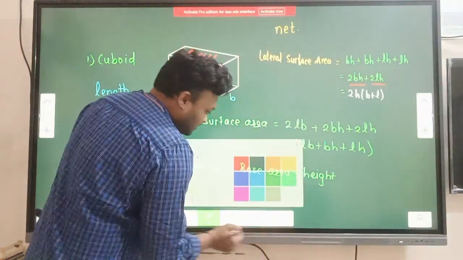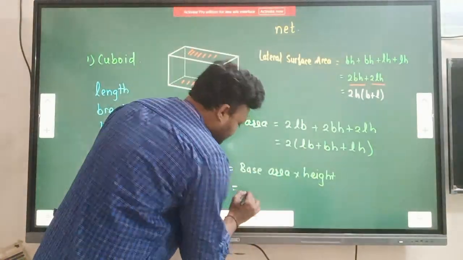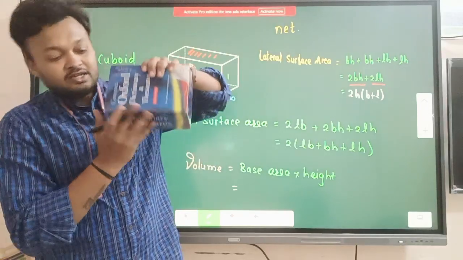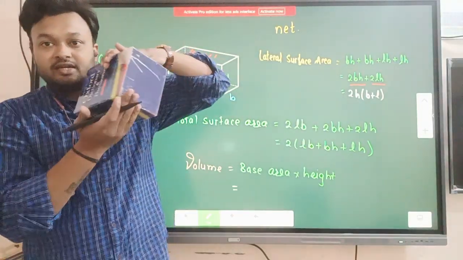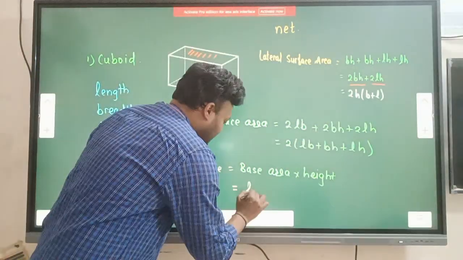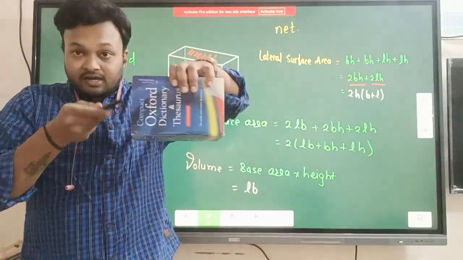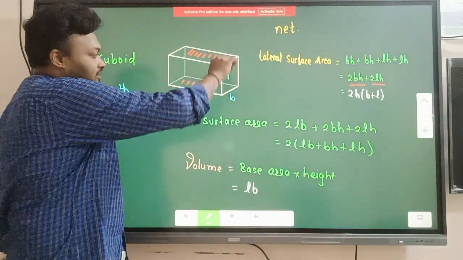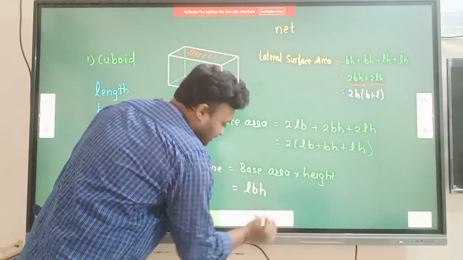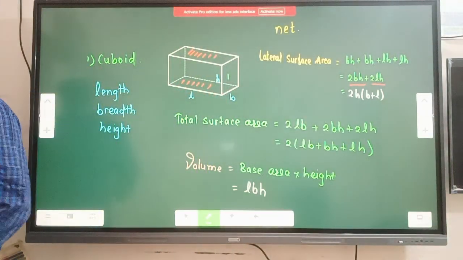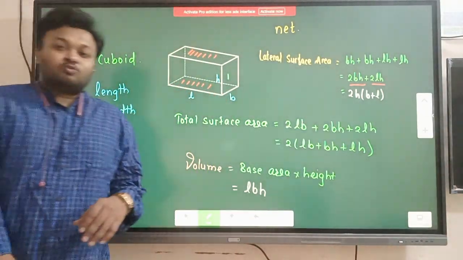Now tell me, what is its base area? It is length into breadth, so LB, and the height is nothing but the height, so LBH. So this is the formula for volume.